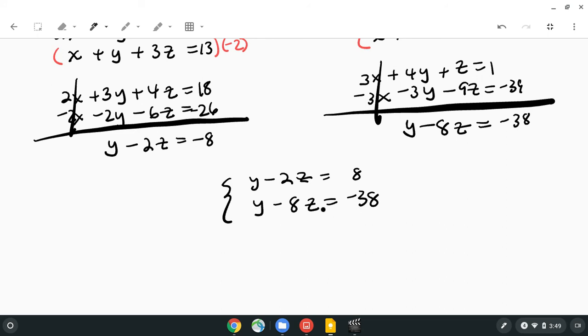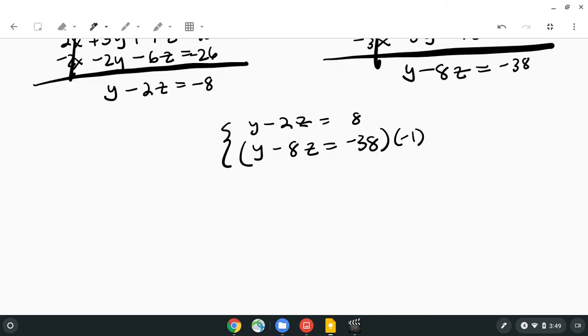I need to make this negative, so let me multiply this by negative 1. Remember, this system came from these 2 equations. y minus 2z equals negative 8, and y minus 8z equals negative 38. I didn't copy that one right.